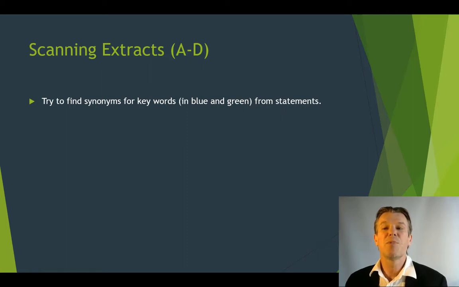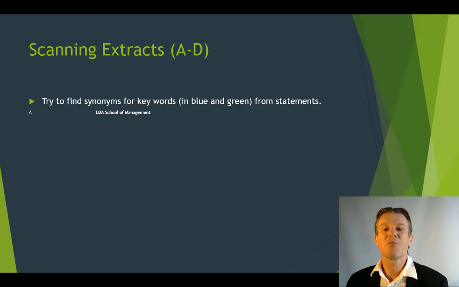I've put these in blue and green. Blue is if the statement appears for the first time or the synonym appears for the first time. Green is if the text is used more than once. So if it appears a second time, then I've listed it in green. And hopefully that makes it easier for us to identify the keywords.